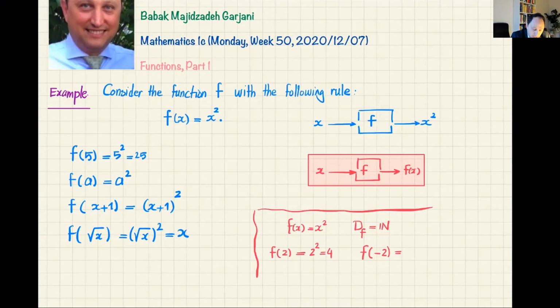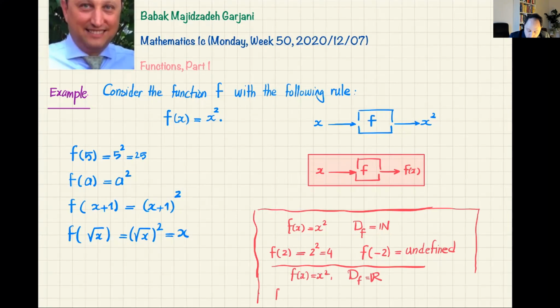And then if I ask you this careless question, you would write undefined. Yes, so this is very important to know. But I can have the same rule with a different domain.